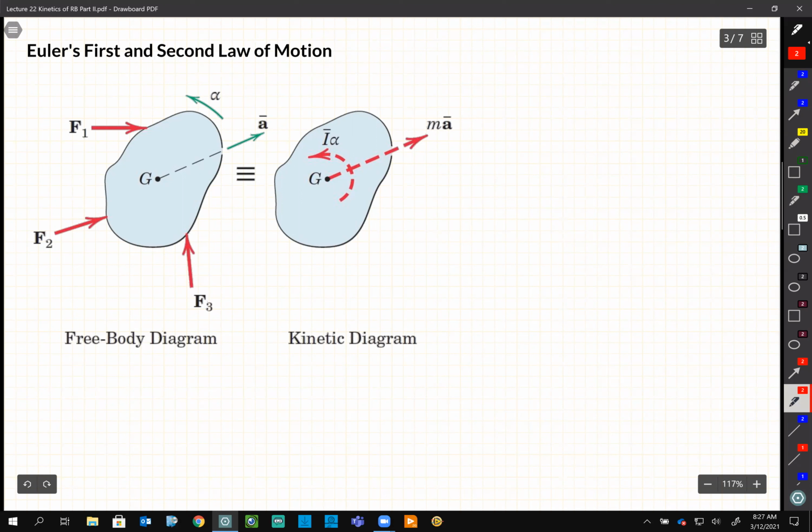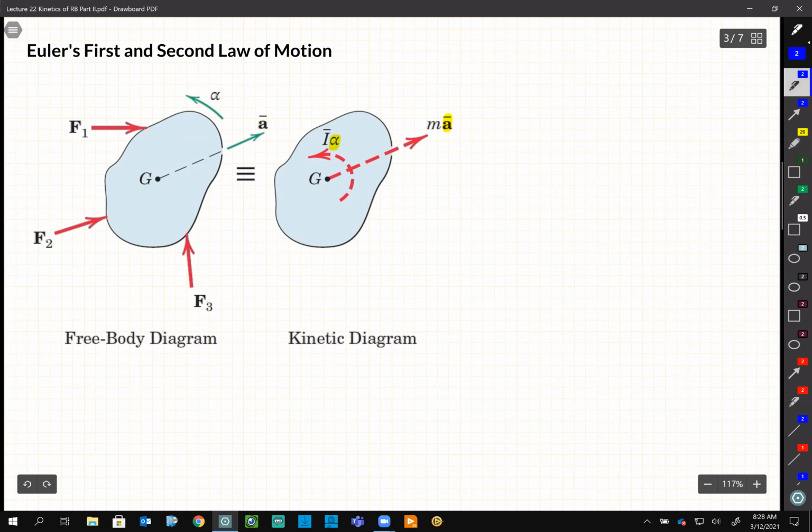We draw another diagram here, which we call a kinetic diagram, or some people call it an acceleration diagram. This diagram says, if I have an acceleration a bar and angular acceleration alpha, then something is pushing this body with a force of m a bar and rotating it with a moment or torque of I bar alpha. And these two are equal.